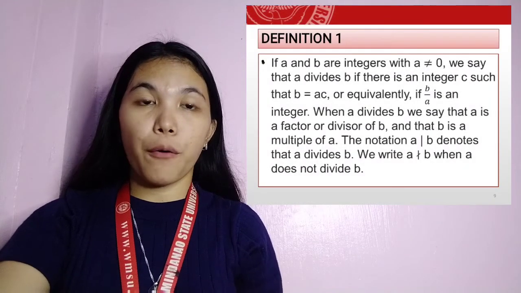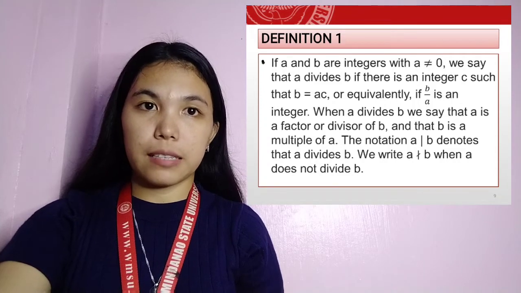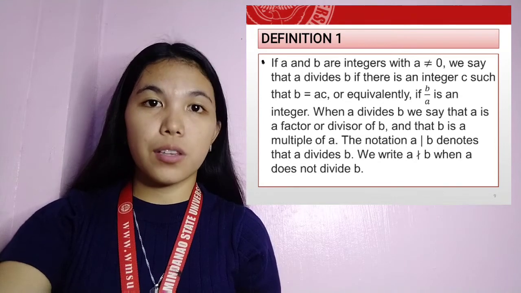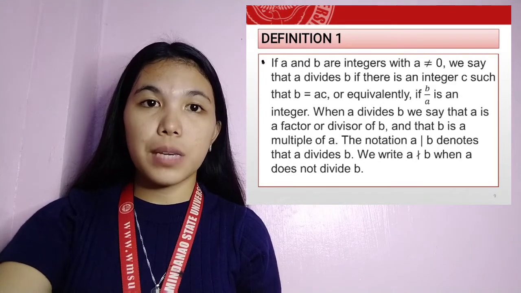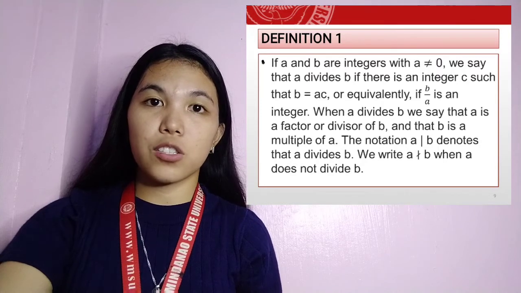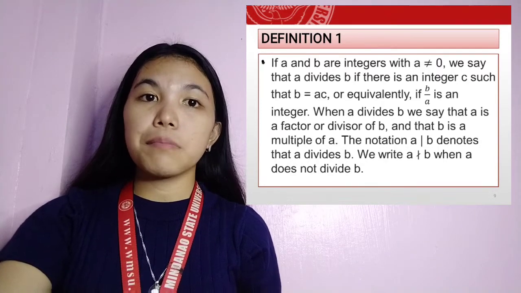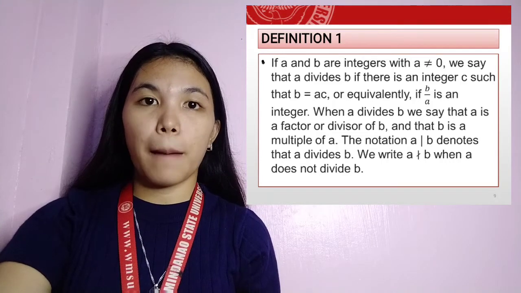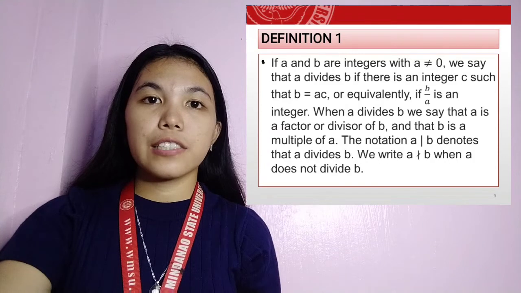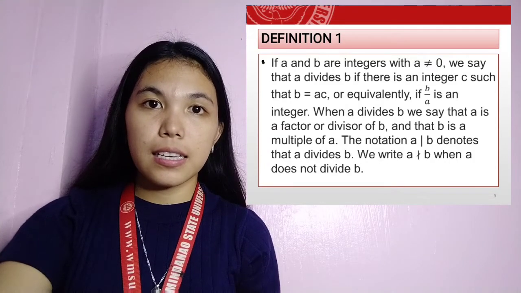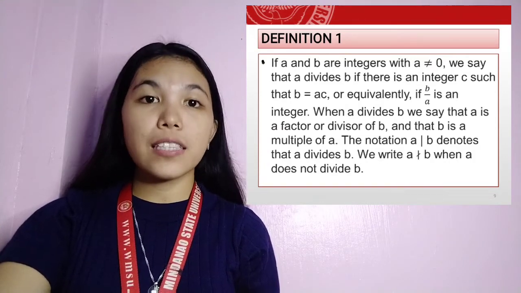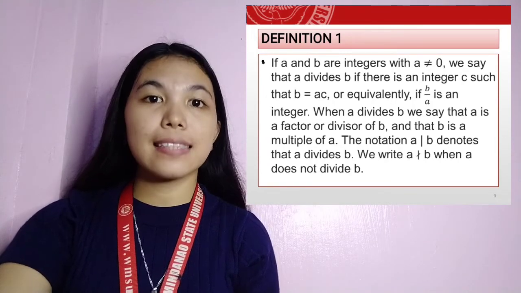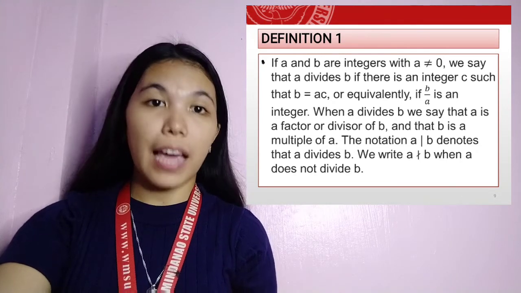So, definition 1 for divisibility. If a and b are integers with a not equal to 0, we say that a divides b if there is an integer c such that b equals ac, or equivalently, if b divided by a is an integer. When a divides b, we say that a is a factor or divisor of b and that b is a multiple of a.